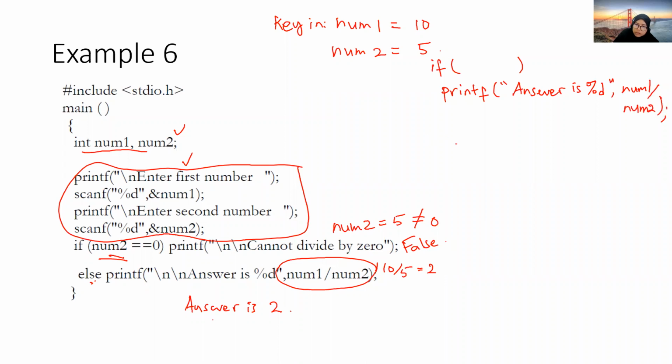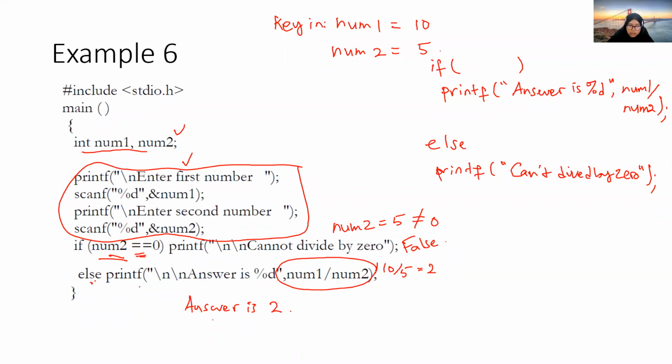And then this is the else statement, printf can't divide by 0. Okay. And your friend says what? Because the statement is changing, what you need to do is change the condition.